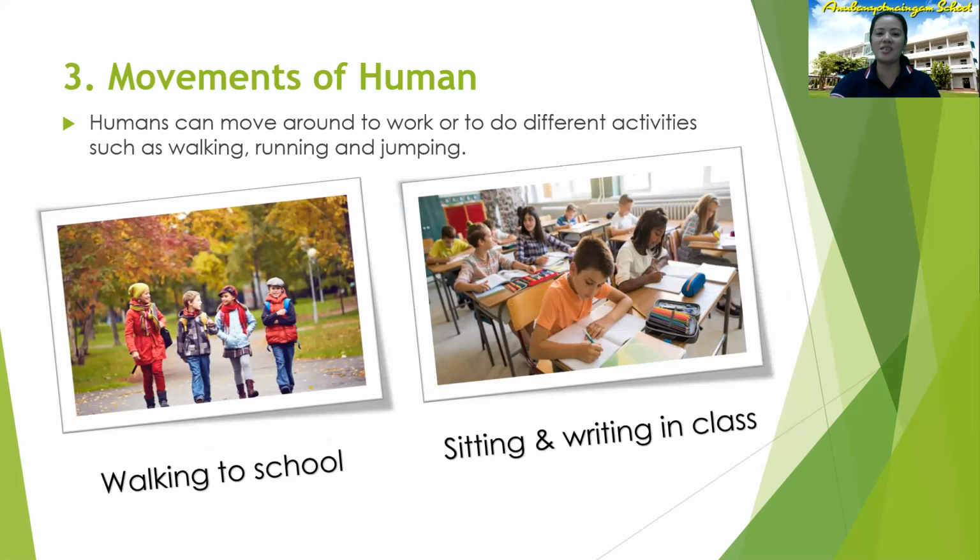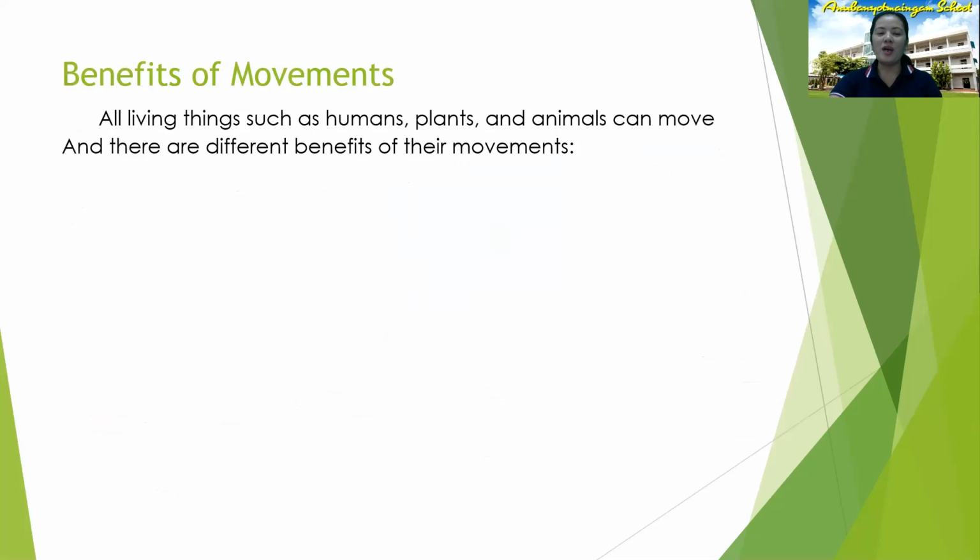So those are the examples of the movement we humans always do. What are the benefits of the movements? All living things such as humans, plants, and animals can move, and there are different benefits in their movements.